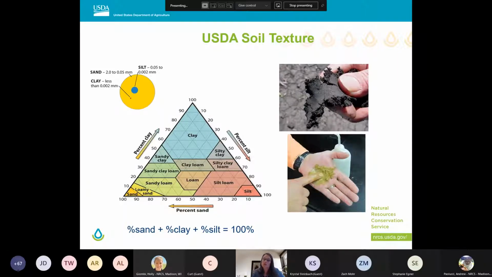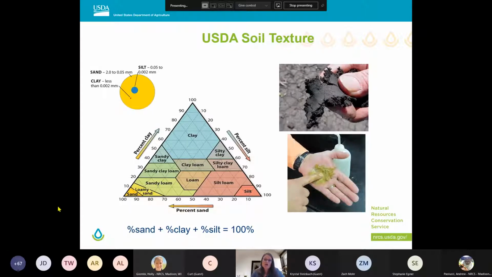That's what's showing here on the top right. And then we can feel sand, it feels gritty. So we can put a sample in our hand, wet it with water, and then feel that grittiness. And then if we can estimate the percentage of sand and clay, we can then calculate the percent silt. This can also be done in the lab, and of course it's much more accurate to do that.